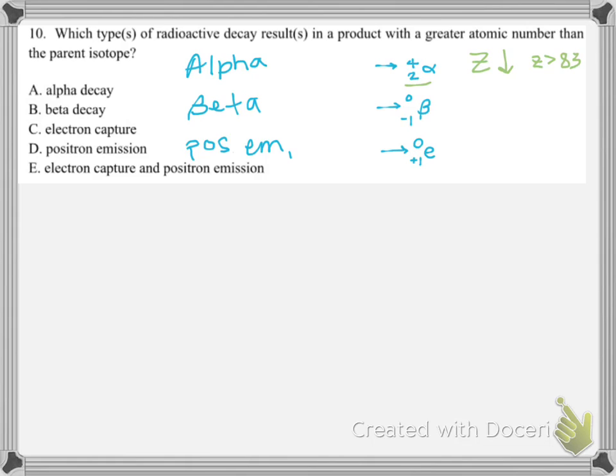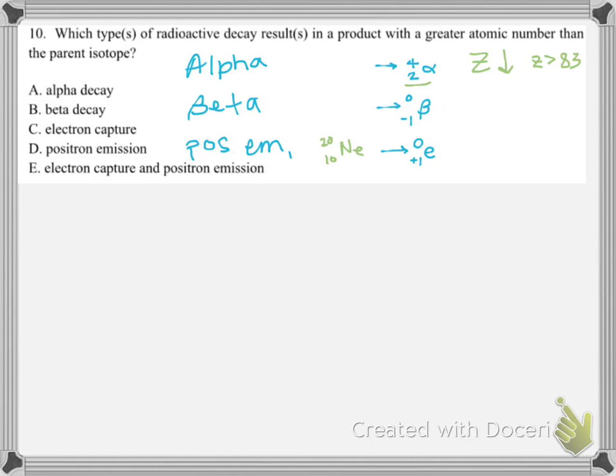Okay. This beta emission, though, is actually the opposite, because to balance the right and left, so if we had some element like neon, we could have neon, which has neon 20, which has 10 protons.